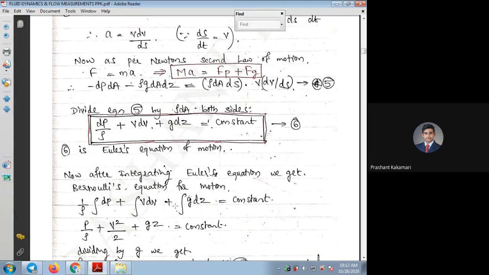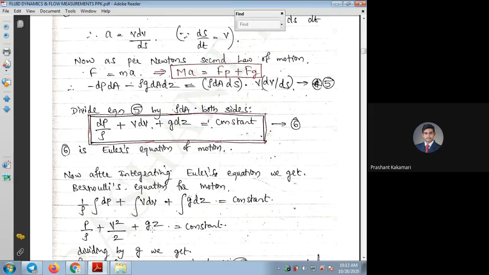Once we integrate all these derivative components, what we get is capital P by rho plus V square by 2, since integration of V with respect to V gives V square by 2, and dz is converted into capital Z.